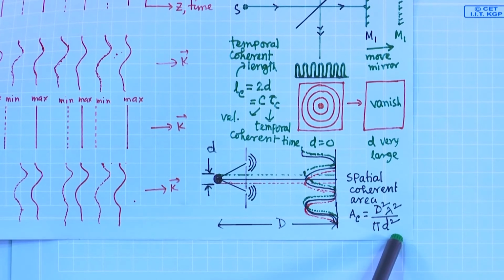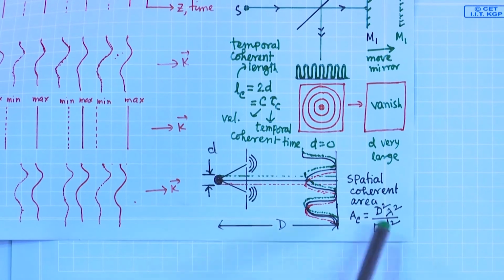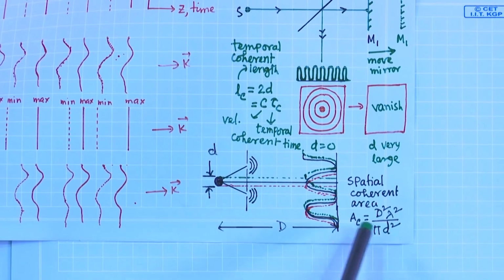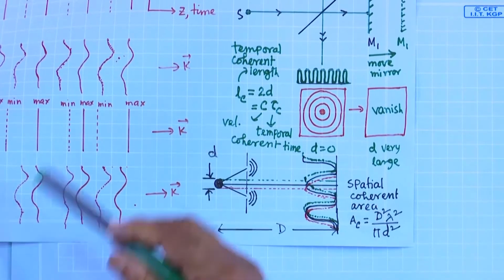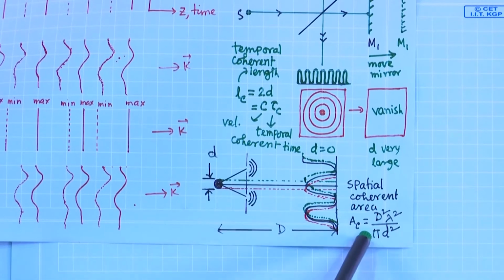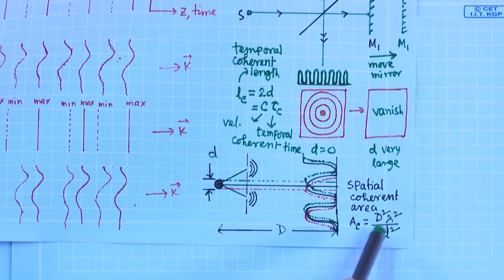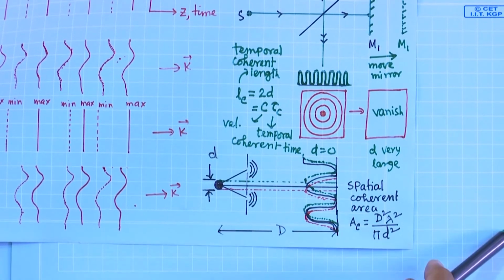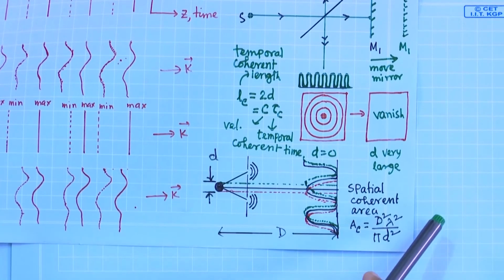So it is clear that if the size of the source is smaller, this area will be higher, meaning over the higher area it will remain spatially coherent. If the distance from the source is higher, the spatially coherent area will also be higher.